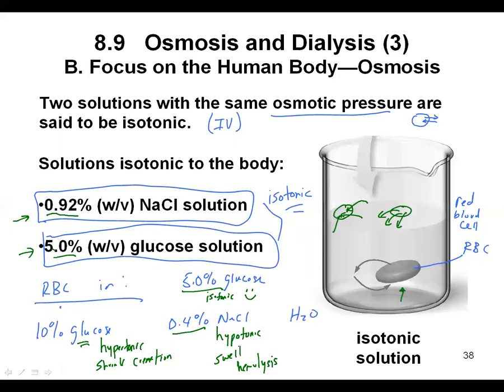Our last one is water. Now, water is actually a hypotonic solution. People think, hey, it's water, it can't be bad. But if you have pure water, it has nothing dissolved in it.